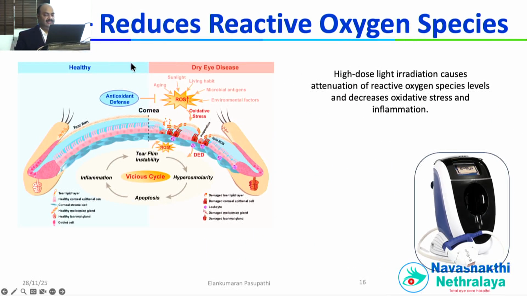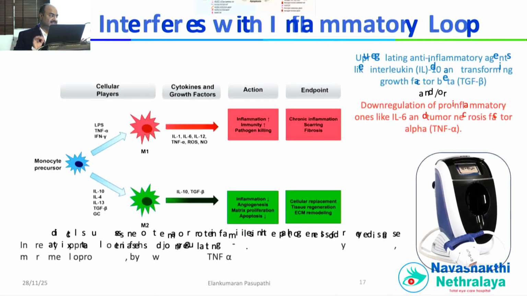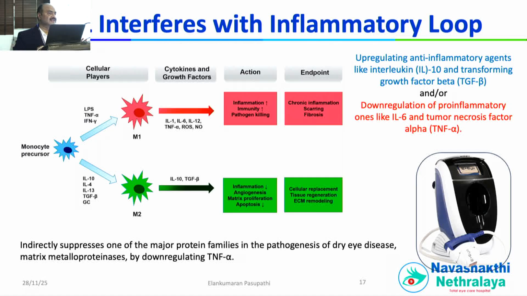Also, the light radiation decreases the reactive oxygen species levels. Now, we know that these reactive oxygen species increase inflammation. So, on the inflammation, there are two types of benefit this IRPL or IPL gives. Number 1, it upregulates the good interleukins, interleukin 10, TGF beta, what you see here, they reduce the inflammation.